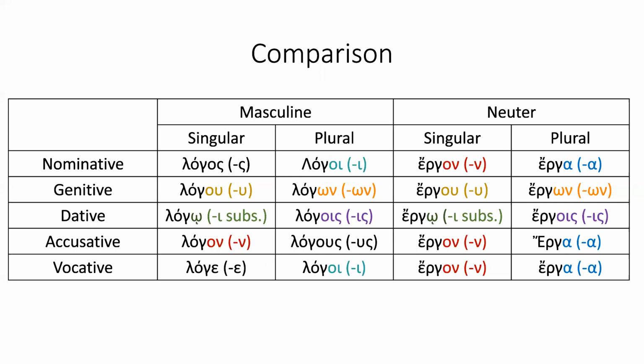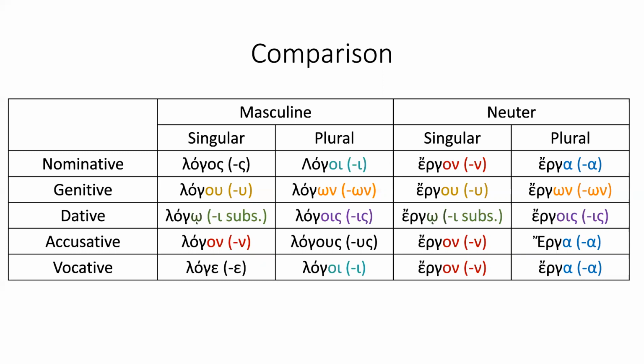Every single genitive plural will always end in omega nu. It doesn't matter if it's masculine, neuter, or feminine, it will always be omega nu. So you don't have to worry about memorizing that after a while. As for the dative plural, you'll see it ends in iota sigma.